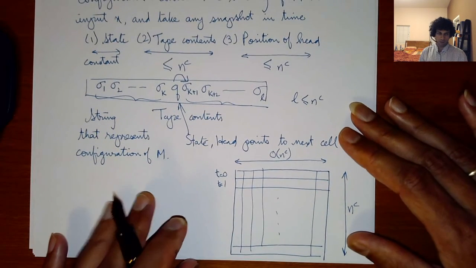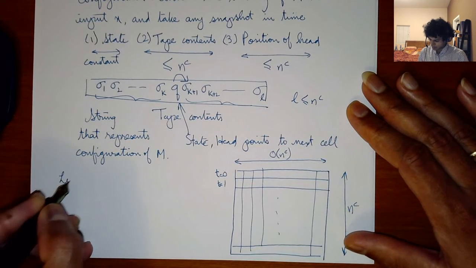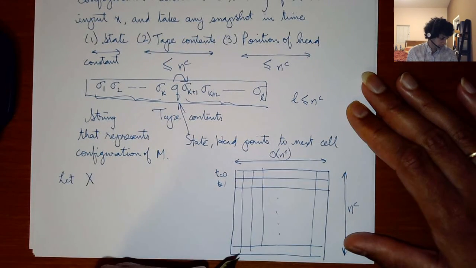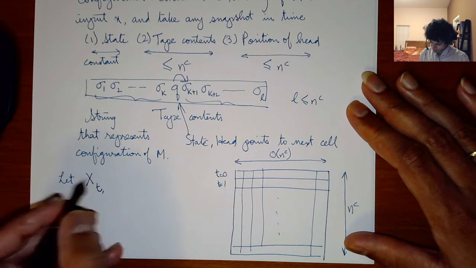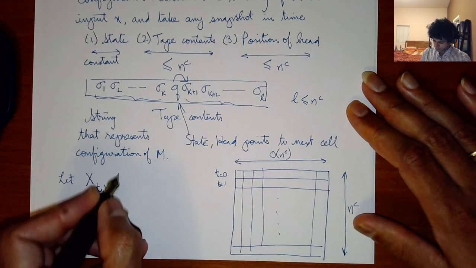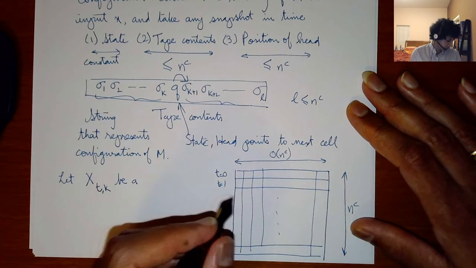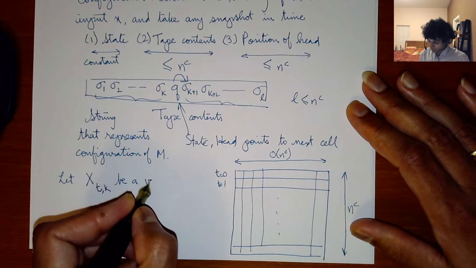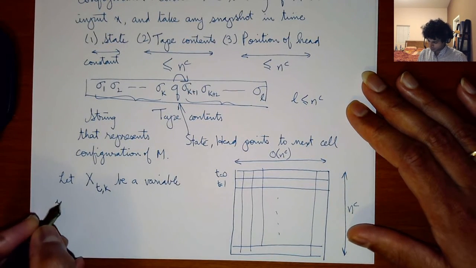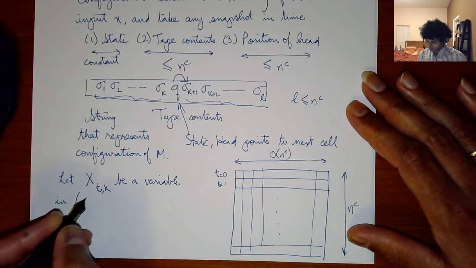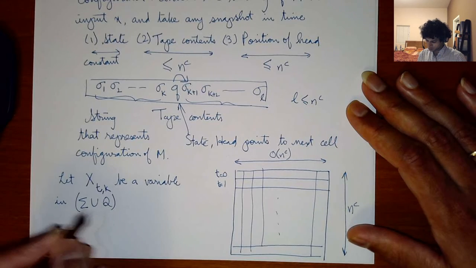Okay, and now let me think of this abstractly. Let x t comma k be a variable, not a Boolean variable, a variable in the alphabet union state space, because that's what this is, right?